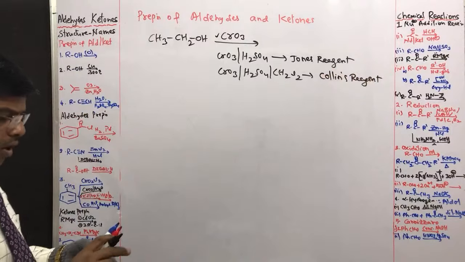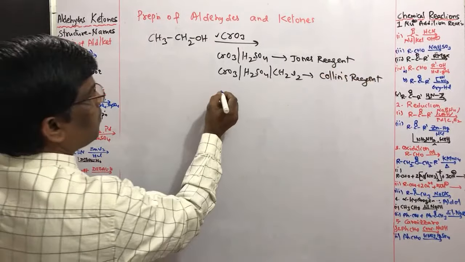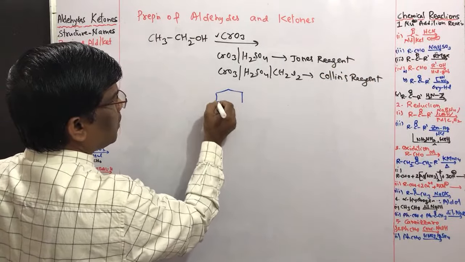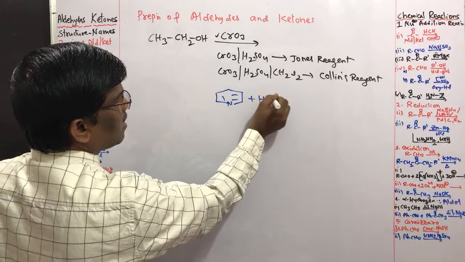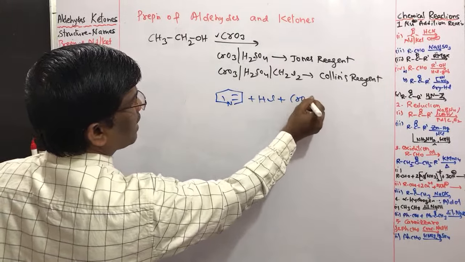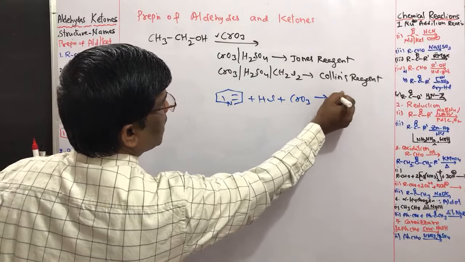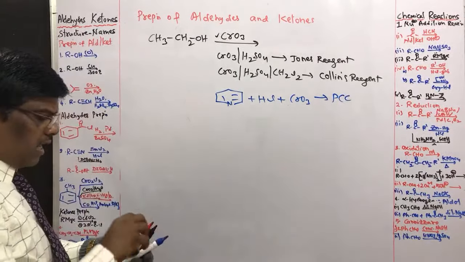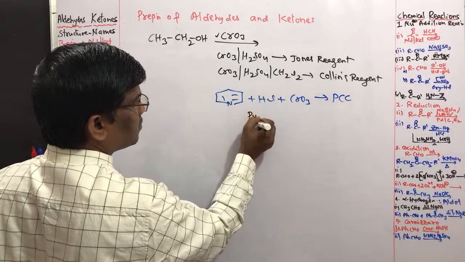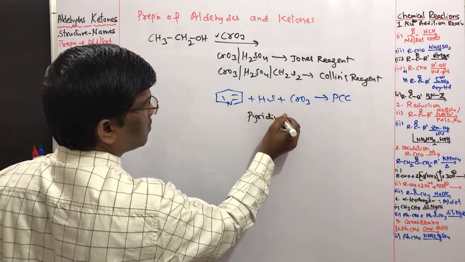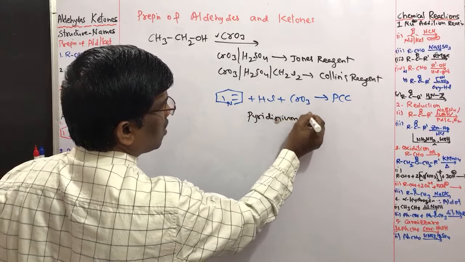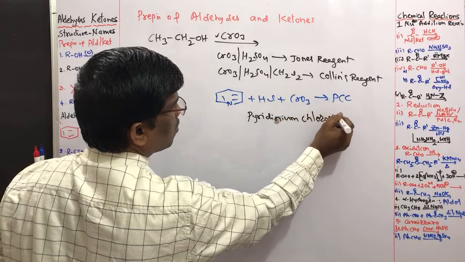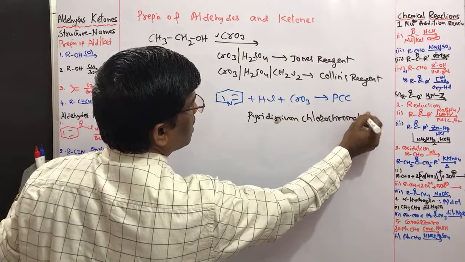Then another important compound is pyridinium chlorochromate. Pyridine with HCl plus chromium trioxide. It is known as PCC, pyridinium chlorochromate.